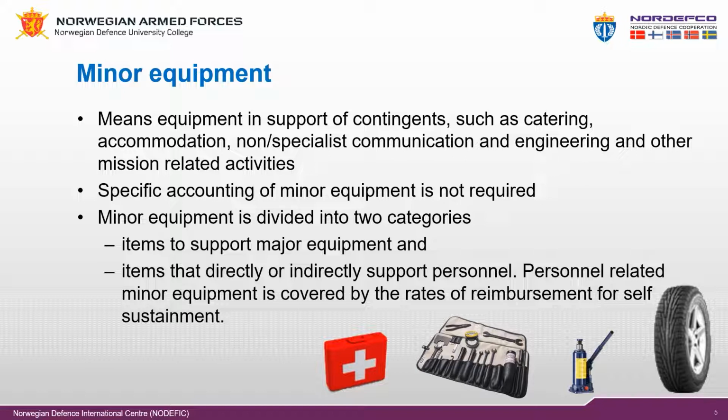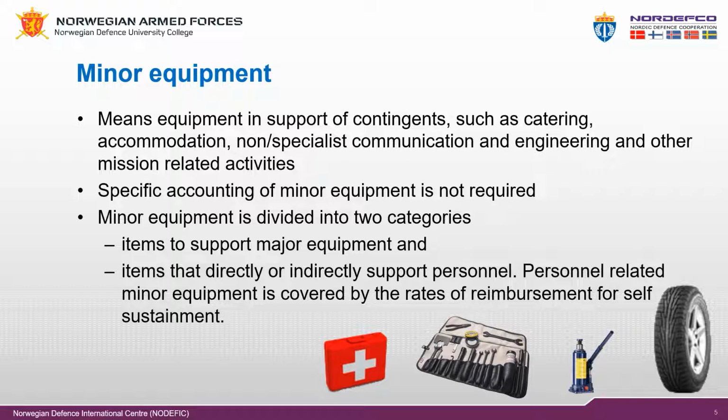Minor equipment is divided into two categories: items designed to support major equipment and items that directly or indirectly support personnel. Personnel-related minor equipment is covered by the rates of self-sustainment categories.